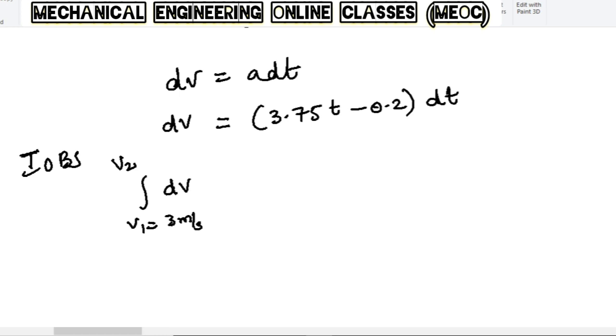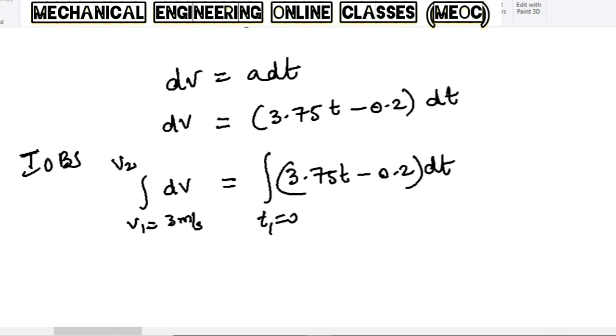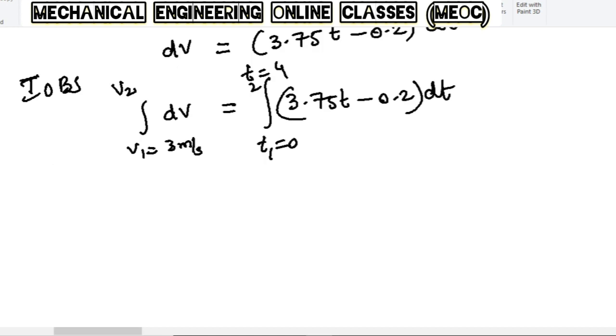So the integral of dv, where v changes from v1 to v2, will be the integral of 3.75t minus 0.2 dt, where t changes from 0 to 4 seconds.